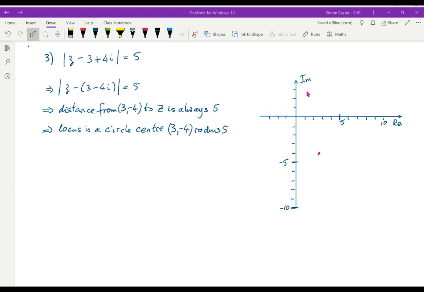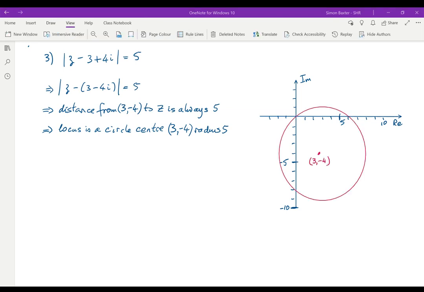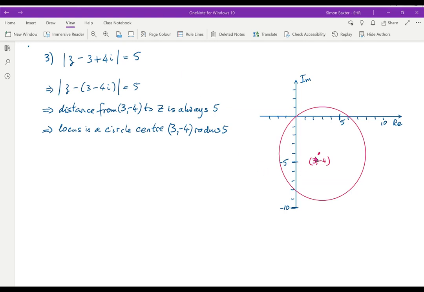It either will be a circle which has the origin inside, or a circle and the origin is outside, or the circle will go through the origin. And so there it is. A circle, center at (3, -4), radius 5, will go out to 8 that way, back to minus 2 that way, minus 4 up to 1 there, and down to minus 9 there. It goes through the origin.